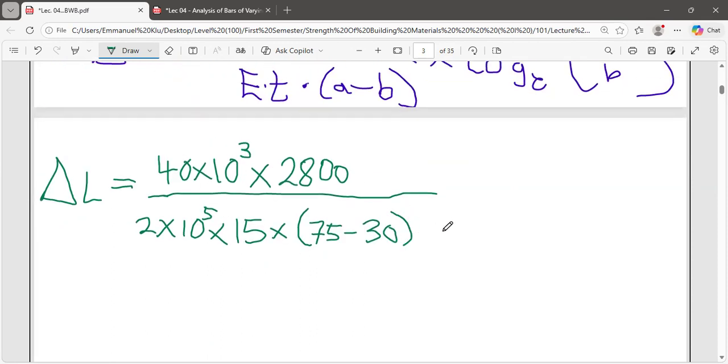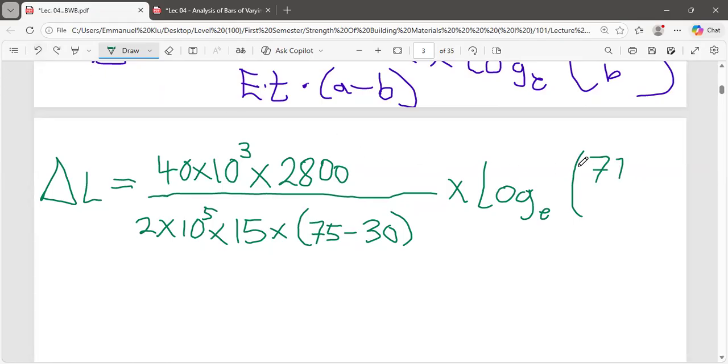All of this now is going to multiply log e, log to the base e, of 75 over 30.